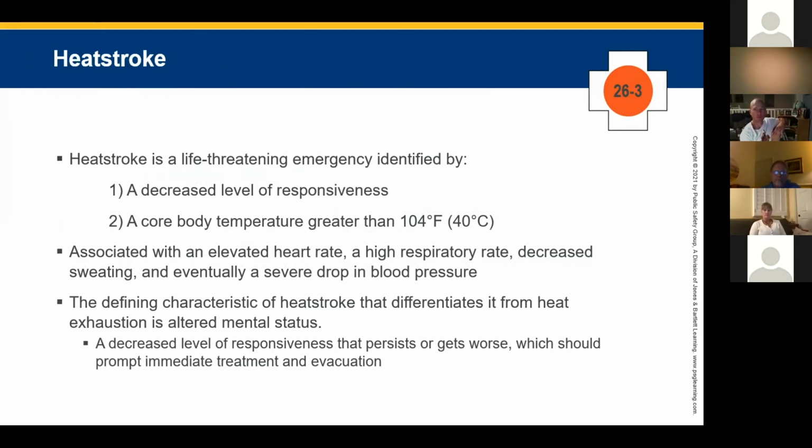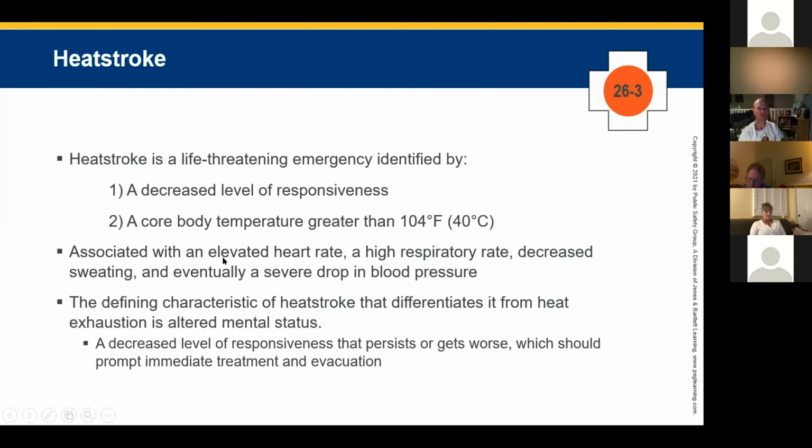So things that are supposed to be happening stop happening. Right. Unable to regulate. Right. The temperature is greater than 104. So confusion. Sometimes you go unresponsive.